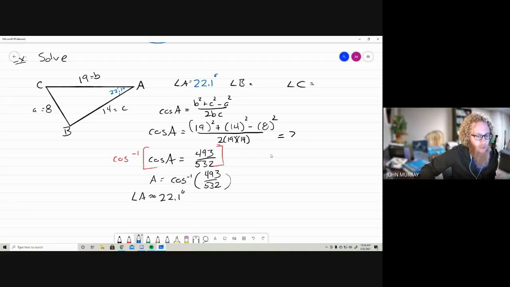And then after that, it's whatever method you'd like to choose, whatever you feel more comfortable with. I can do another law of cosines for angle B, but to save some time, I'm going to do law of sines.